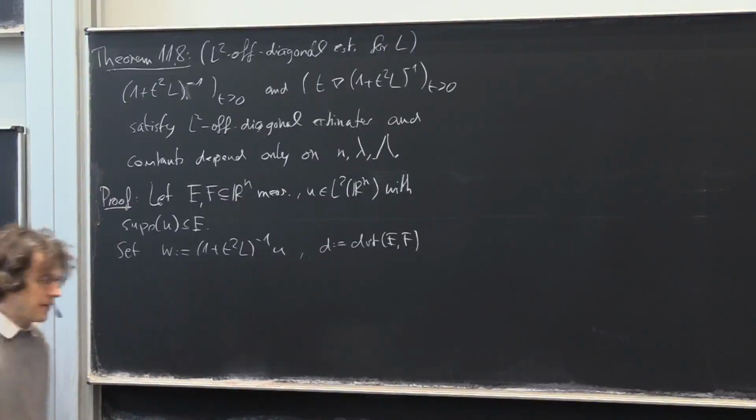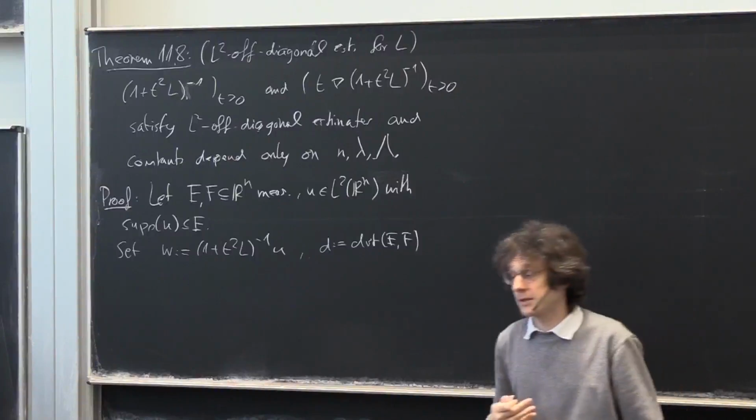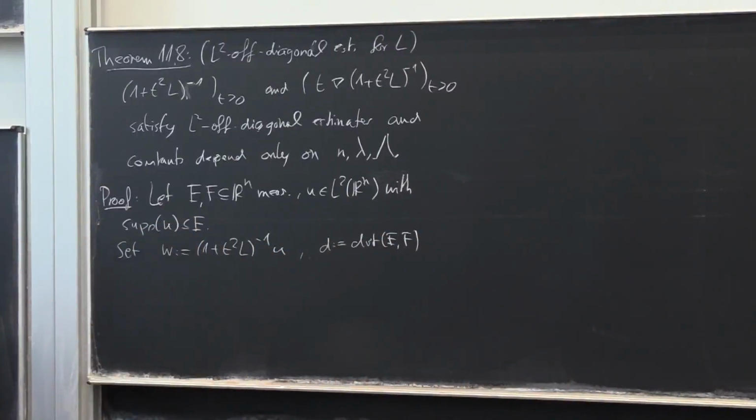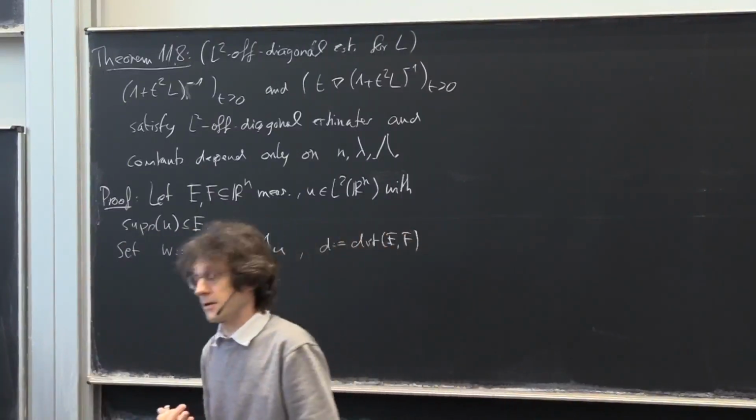So if we now think back on the proof of the L2 off-diagonal estimates for the Laplace operator, there were two cases, because L2 off-diagonal estimates are not interesting if E and F are close together. So that was the easy part, if E and F are close together, and the interesting part was if they are far apart from each other.